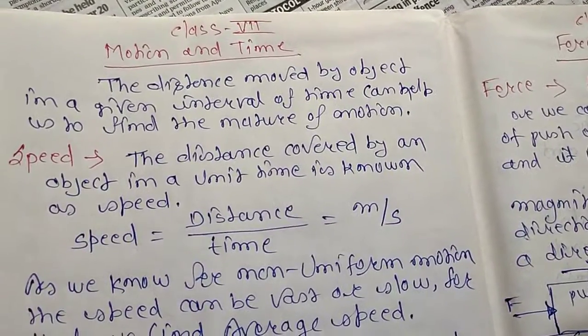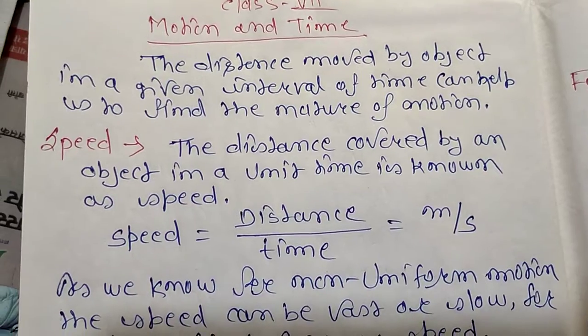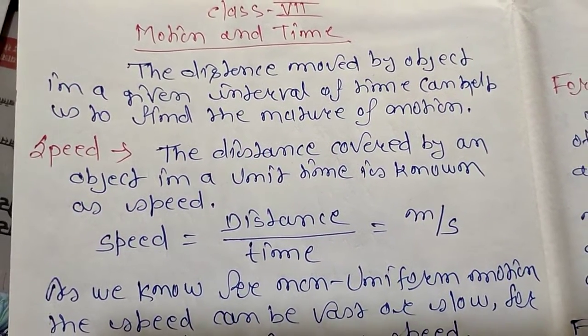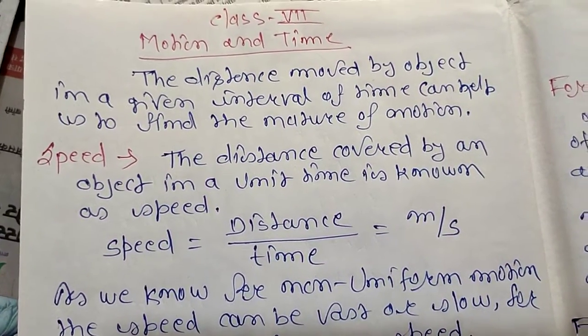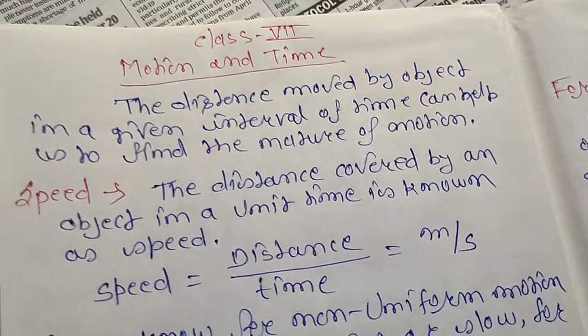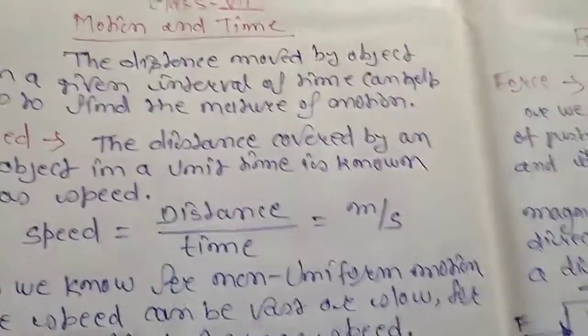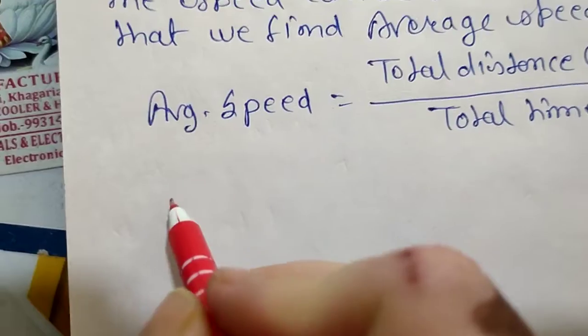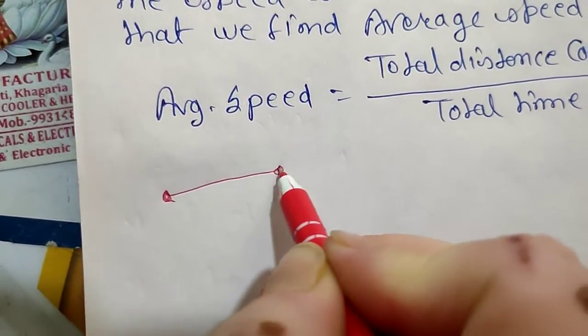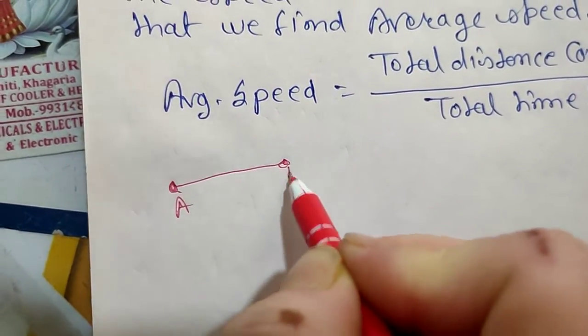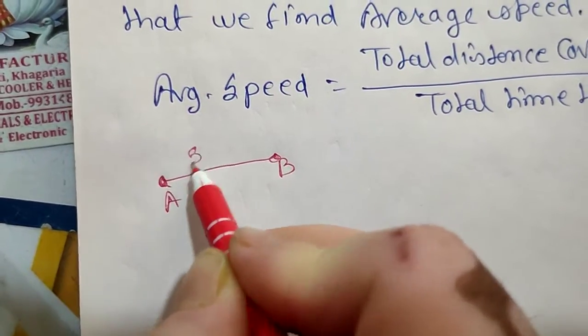So the motion is nothing but the distance moved by an object in a given interval of time. It can help us to find the nature of motion, that is, the distance. Suppose we are dealing with some distance, this is the point, this is the point. This is a 50-meter distance.